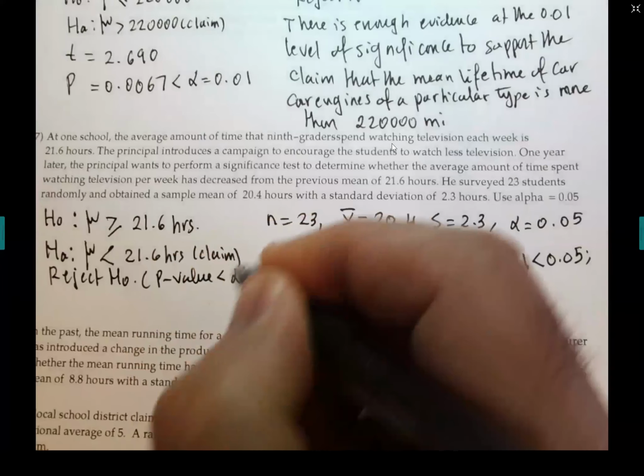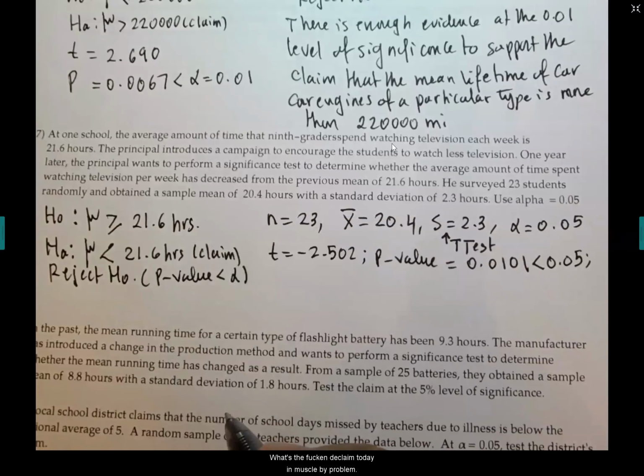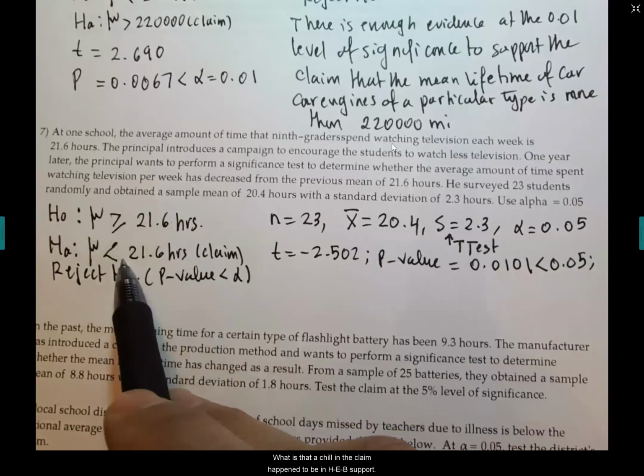Your conclusion. Oh, we're supporting the claim today in most of the problems. We reject H0 and the claim happened to be in HA, the alternative, we support the claim.